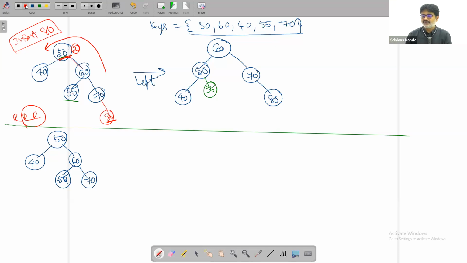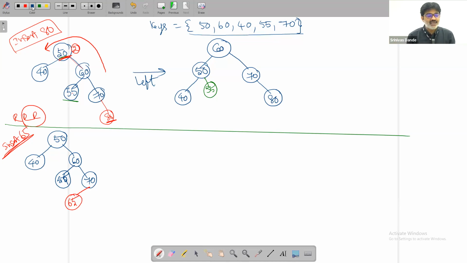I want to insert now 65. Where will 65 come? This is the case I'm taking. Insert 65, guys. Where will 65 come? Left of 70. Wonderful. Do the left of 70. Here is 65. So now you tell me. Listen carefully here, because you will get your answer.